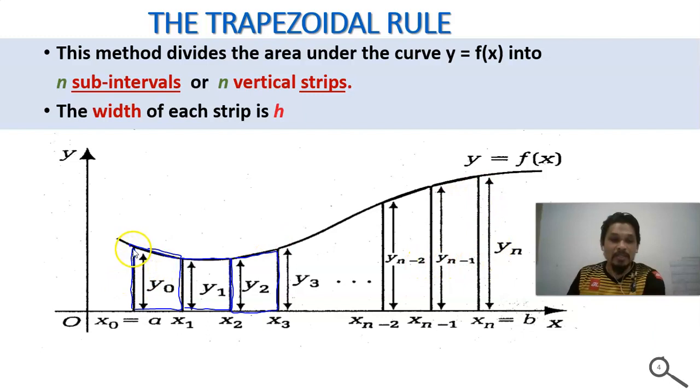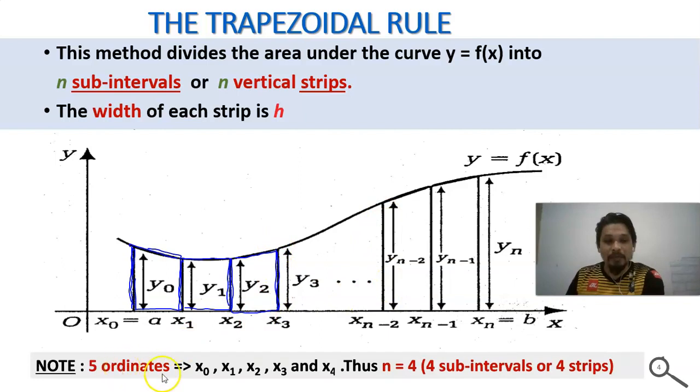Every strip has its borders, which we call ordinates. For example, 1, 2, 3, 4, 5 ordinates represent x0 until x4. So then we have 4 subintervals, or 4 strips.